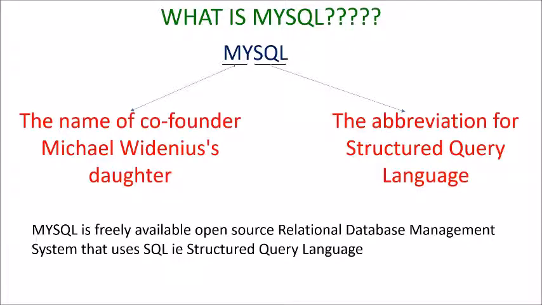Because it is a freely available open source relational database management system that uses SQL, that is structured query language. Means this is a language which we can use to create the table, to handle the data, to delete the data, to insert the data into the table, to change the data, and so many things we can do using MySQL.